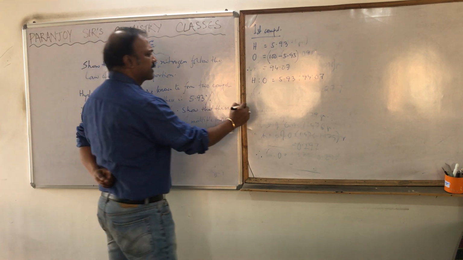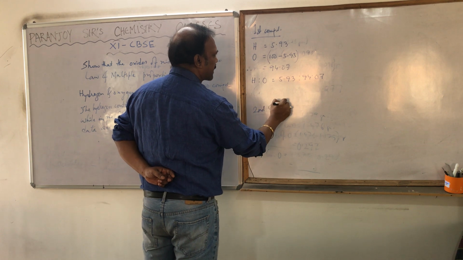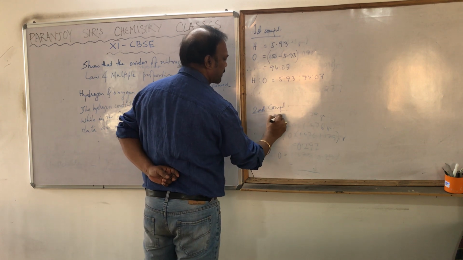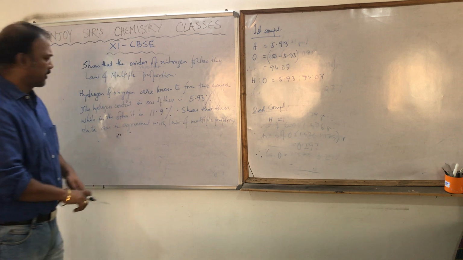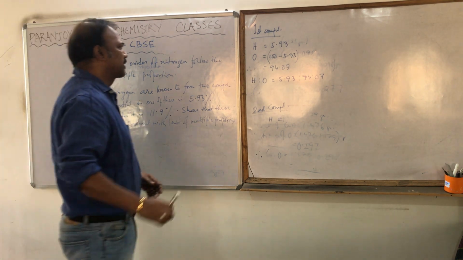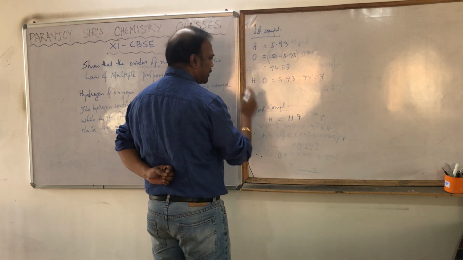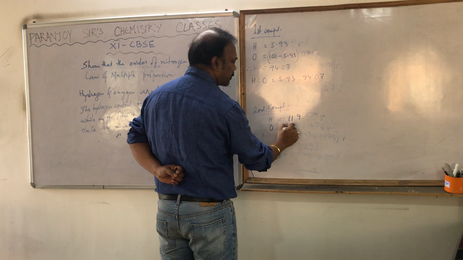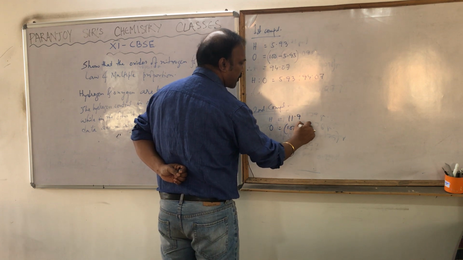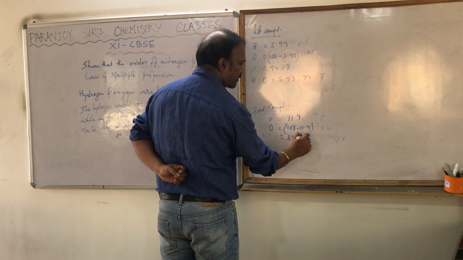In the second compound, the amount of hydrogen they mentioned is equal to 11.9%. So the amount of oxygen should be equal to 100 minus 11.9, that is equal to 88.1%.